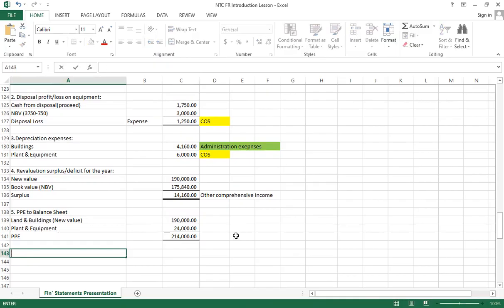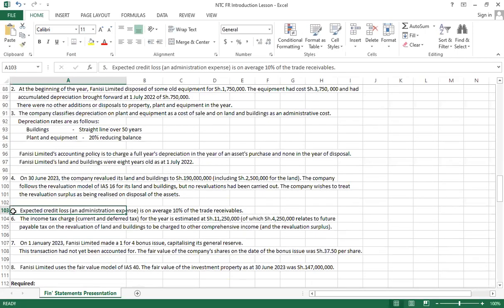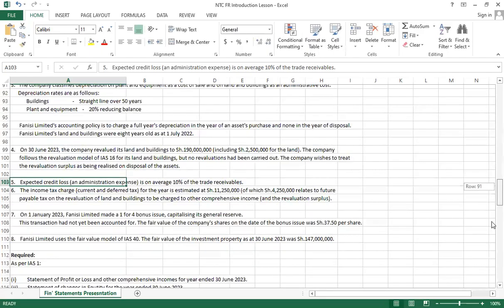We proceed on to the next note, and in that case we can look at note number 5. In note number 5, we are told that expected credit loss, in bracket, it's clear that that's an administration expense, is on average 10% of the trade receivables.